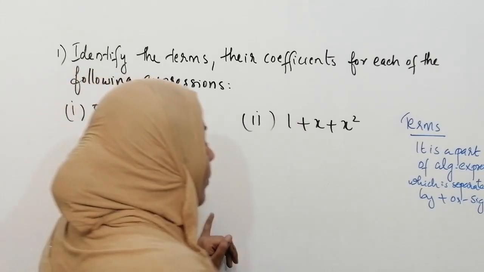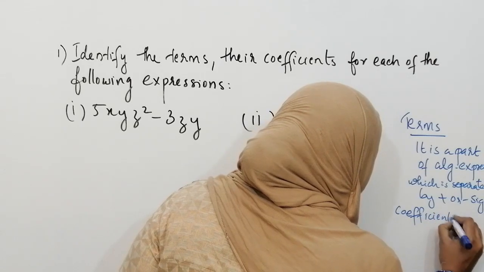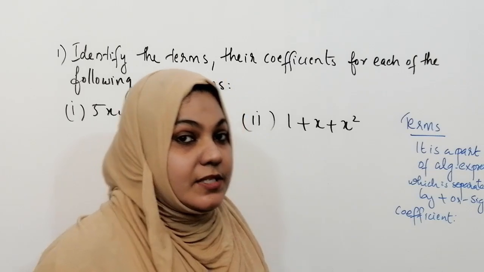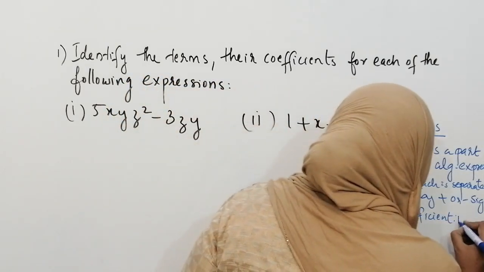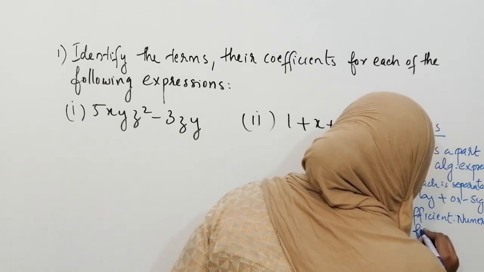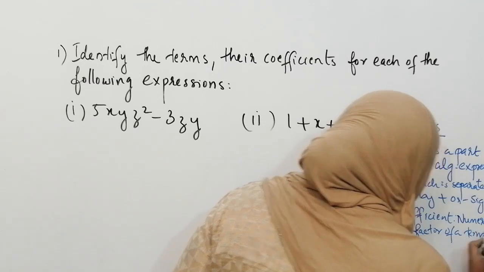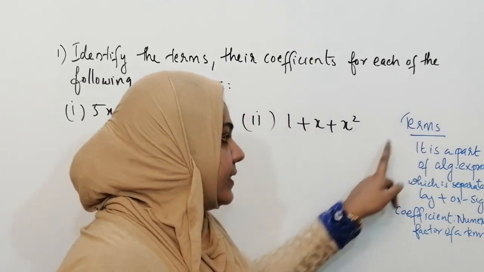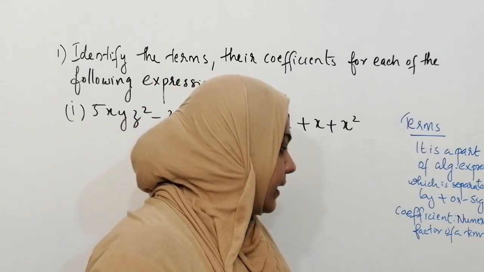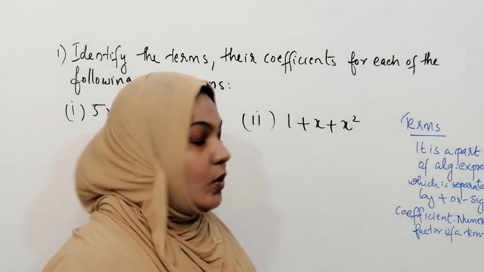Next we have to learn what a coefficient is. The numerical factor of a term is called a coefficient. So again I will repeat: terms are parts of an algebraic expression separated by plus or minus sign. Coefficient means the numerical factor of a term. Now we can solve our question.